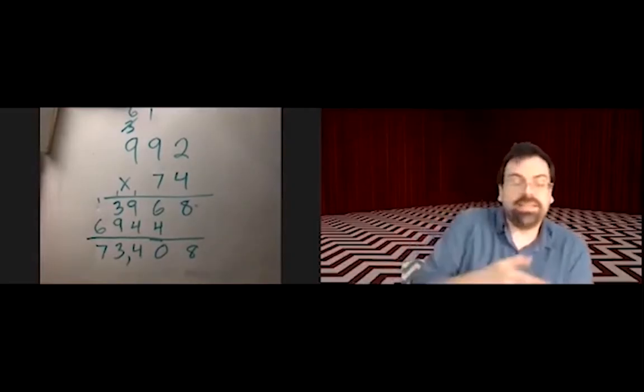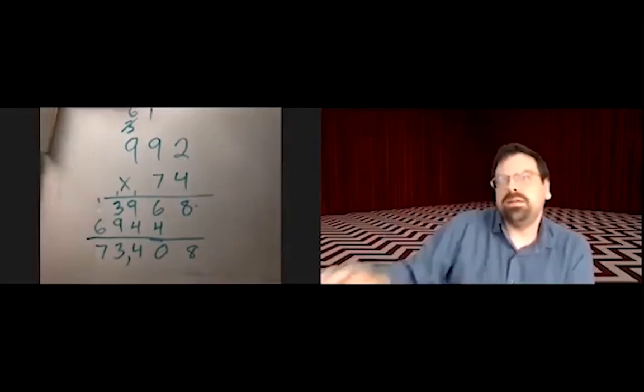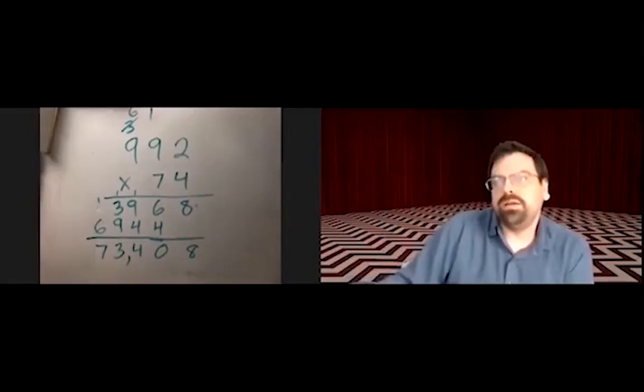And we could extend this rule with the lines multiple times. Let me find one that we can work on that's a larger number.